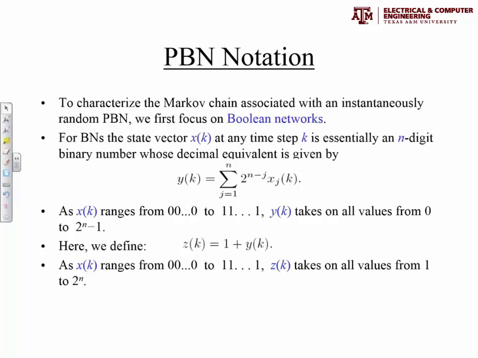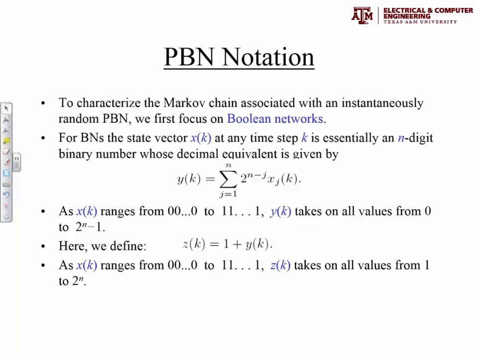Now, if you look at a Boolean network with n genes, then the state vector at time step k is basically an n-digit binary number, and you can get its decimal equivalent just by using this formula. So if the state vector is a binary number of length n, you are going to have these expression patterns, from all zeros all the way up to all ones. There will be 2 to the power of n of them.